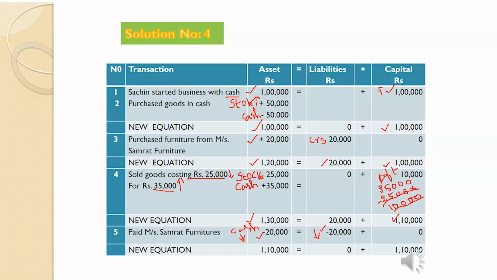Creditors also decrease, so minus 20,000. So 1,30,000 minus 20,000 is equal to 1,10,000. Here liabilities minus 20,000 is 0. 1,10,000 plus 0 is 1,10,000. So the equation is proved: assets equal liabilities plus capital.